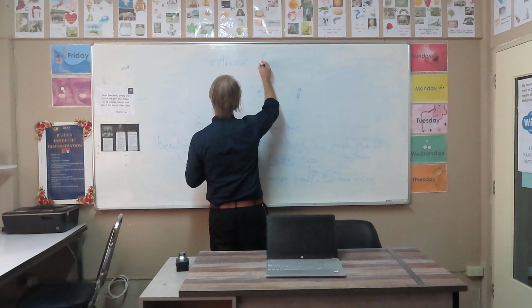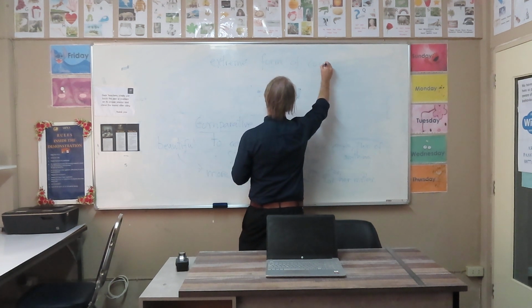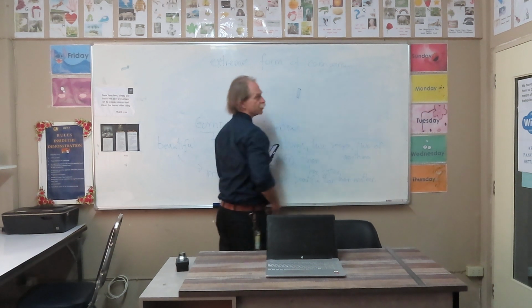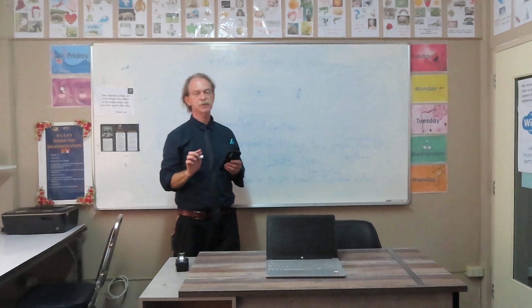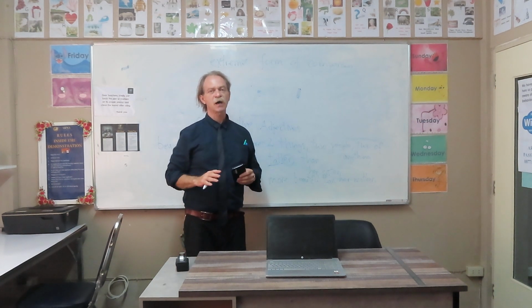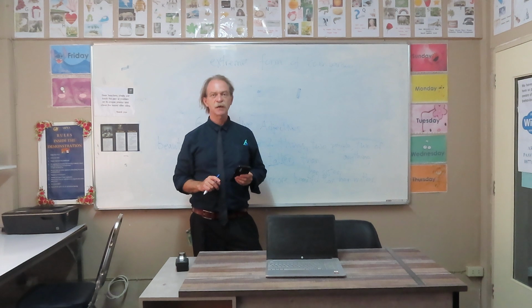Extreme form of comparison. In other words, you're not comparing two things. You're comparing an infinite or unlimited number of things. You could say, this building is the most beautiful building in Bangkok, right?